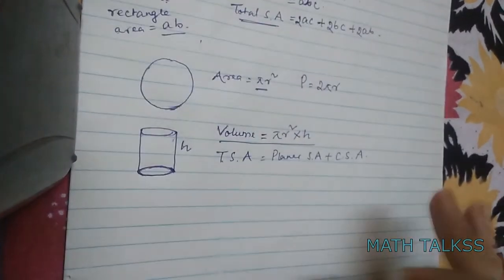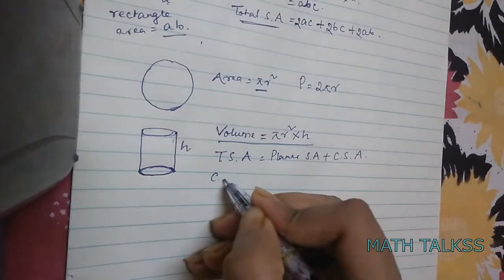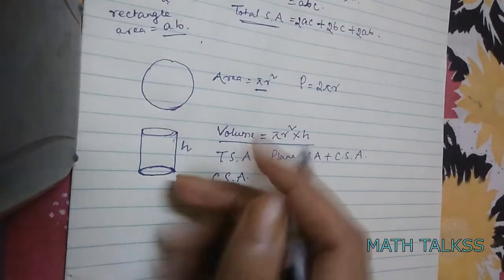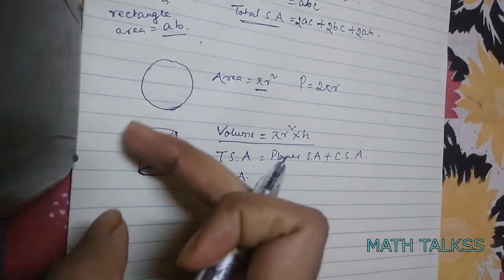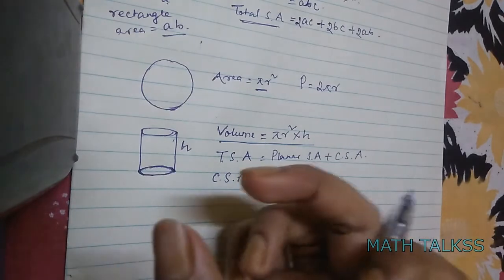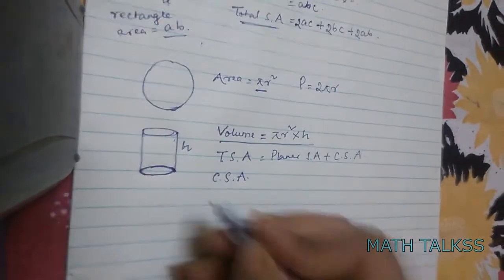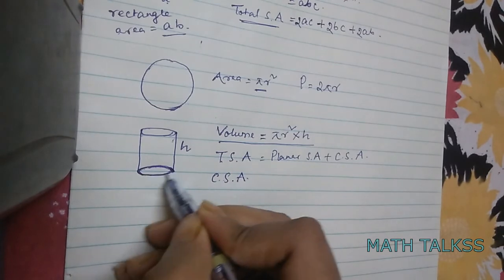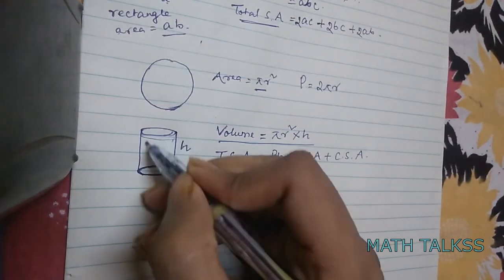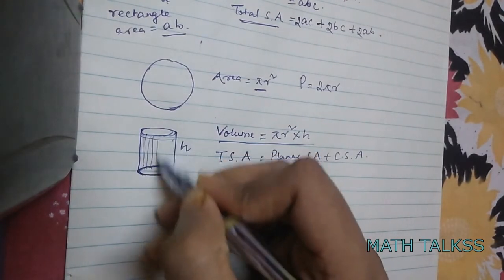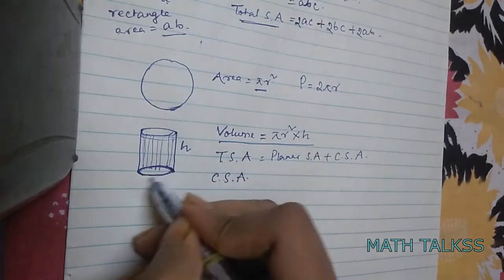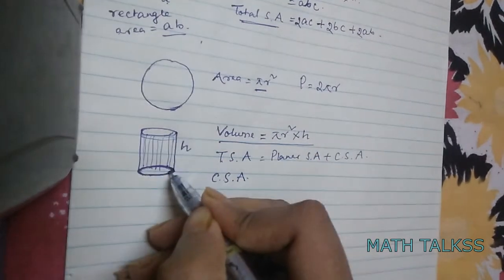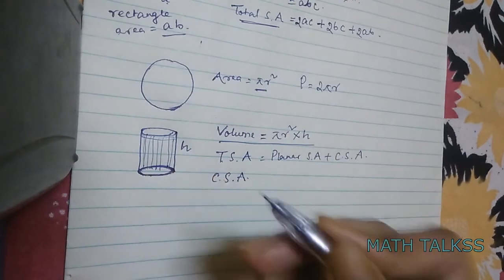Let us first find out the curved surface area. That means only the curved surface, that only we have to calculate. This curved surface area is connected to the perimeter of the circle and to the height h.